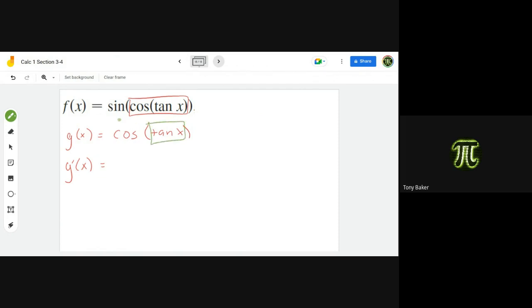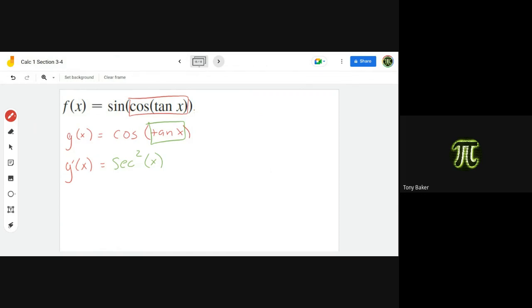We have to find the derivative of that part first. What's the derivative of tangent? Secant squared. Secant squared x. So the derivative of tangent x is secant squared x.